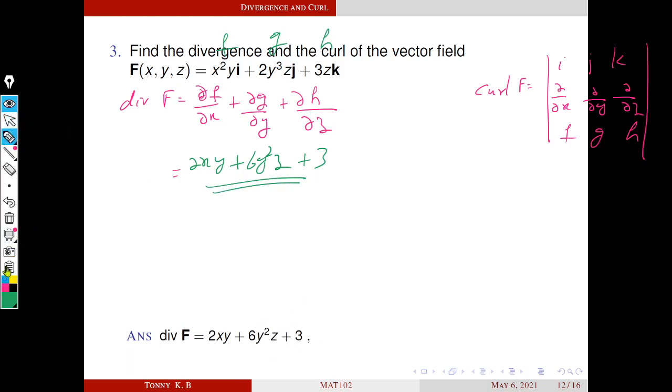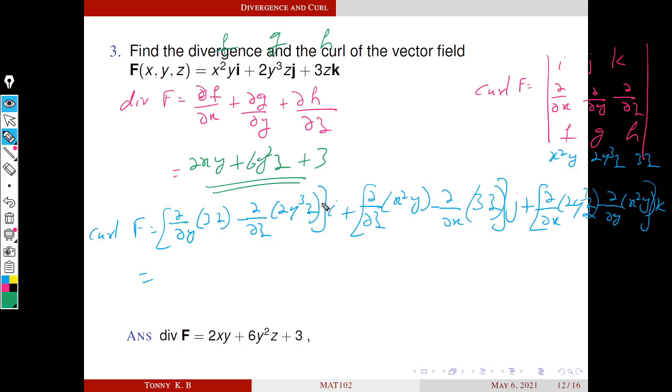Next we have to compute the curl of this function, and this is the formula of curl. Here f is x²y, g is 2y³z and h is 3z. If you expand this determinant, we get ∂/∂y of 3z minus ∂/∂z of 2y³z, times i, plus ∂/∂z of x²y minus ∂/∂x of 3z, times j, plus ∂/∂x of 2y³z minus ∂/∂y of x²y, times k.